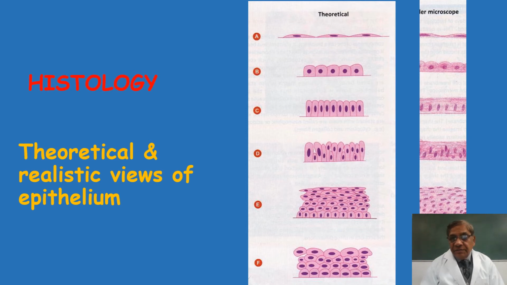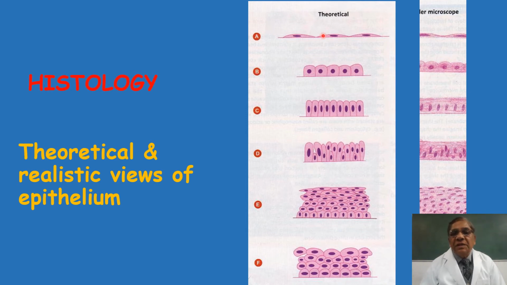Let us see here. This is the diagram on one side where I have written theoretical. These are the diagrams drawn on the blackboard by your teacher, and these are the drawings which I have drawn for that purpose, which will be seen under the microscope.